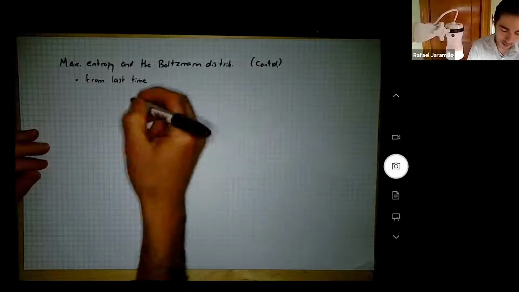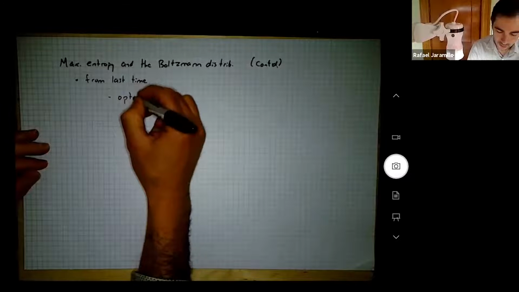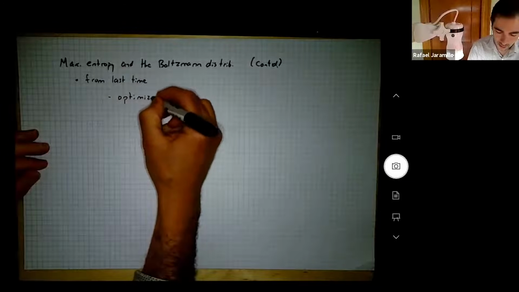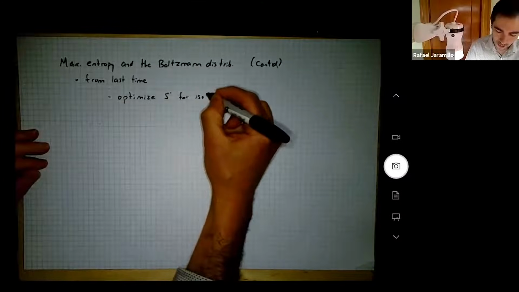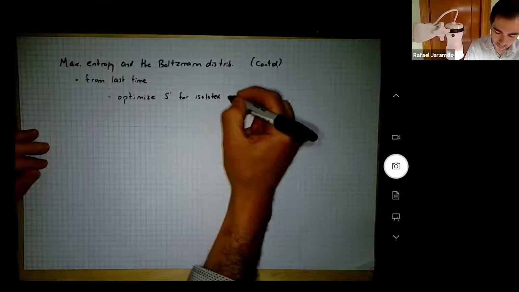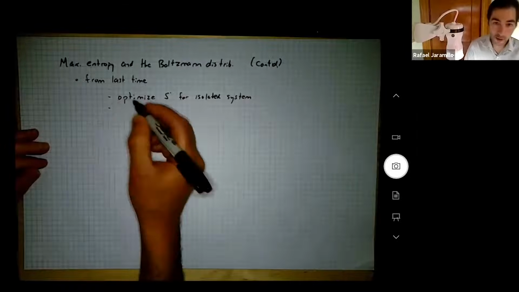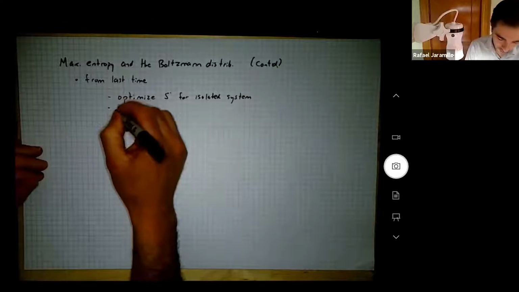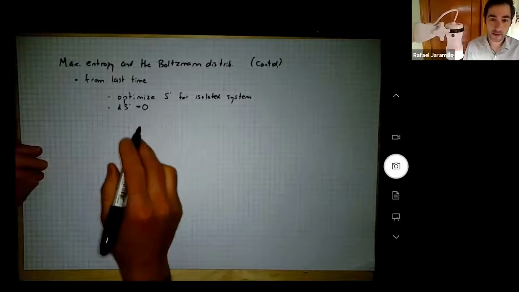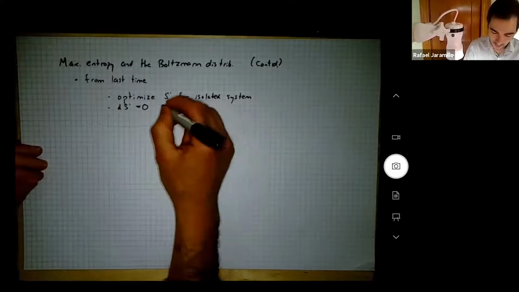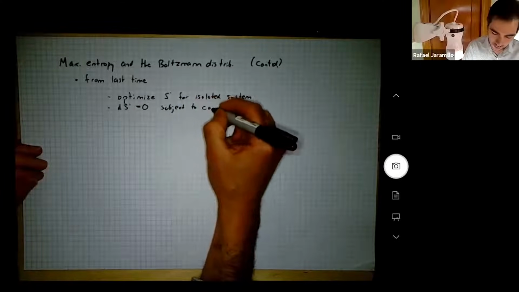So from last time, just at a high level, we decided that we wanted to optimize entropy for an isolated system. And we had the Boltzmann entropy formula, so we could do some math, and we could write down dS equals 0, subject to constraints.